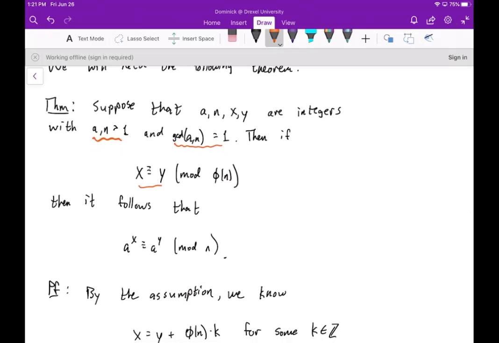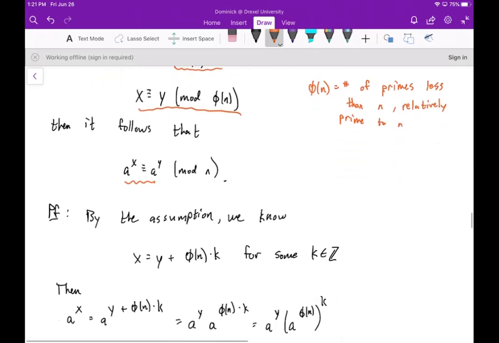So if x is congruent to y mod phi of n, remember phi of n is the number of positive integers less than n that are relatively prime to n, then it follows that a to the x is congruent to a to the y mod n.